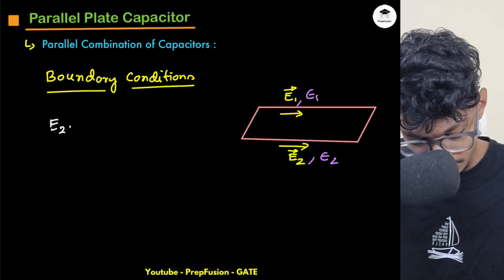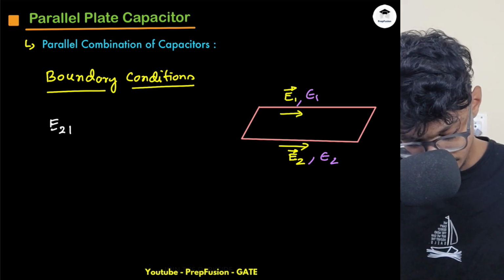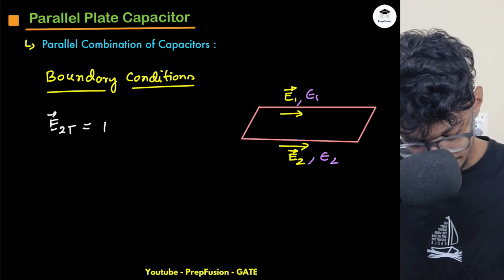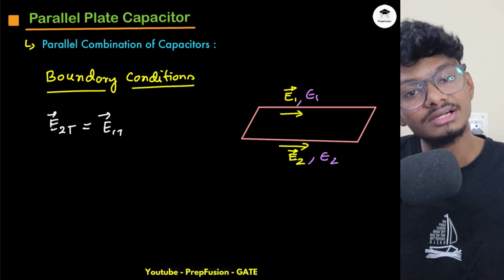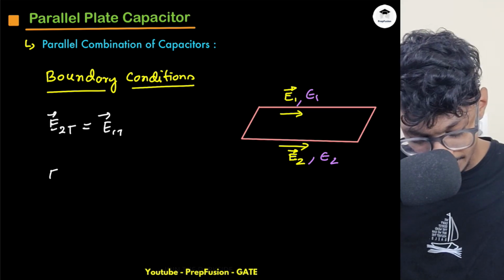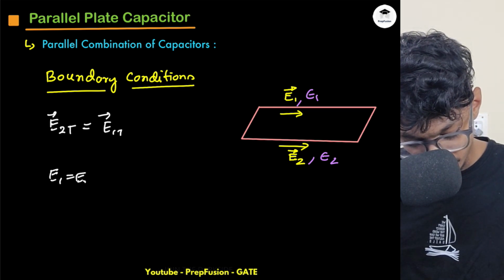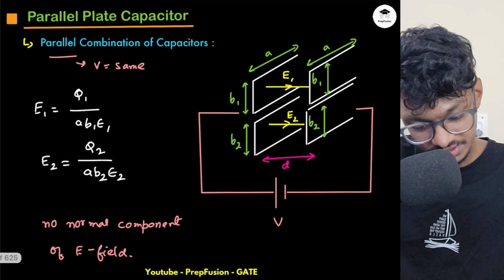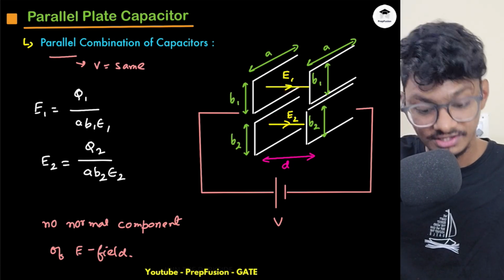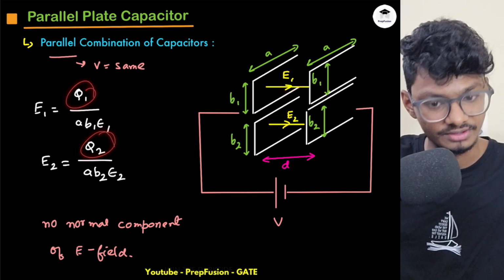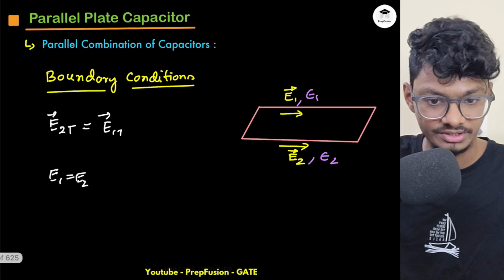The boundary condition is E2t should be the same as E1t. In our case, the whole electric field is tangential, so E1 should equal E2. These two electric fields should actually be the same. So what will be different? The charges will be different. If these are different, the charges will also be different. That will be the difference.